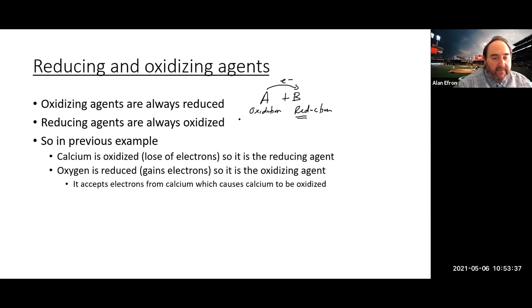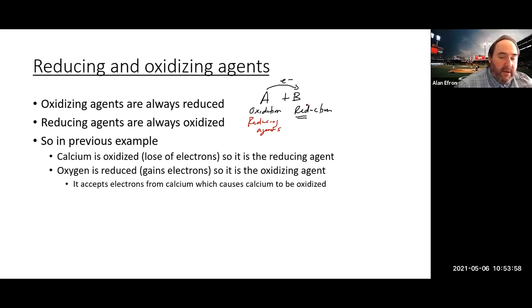So what effectively A is doing in this example is causing the reduction of B, hence why it is known as the reducing agent, because it's basically supplying the electrons that's going to allow B to go through reduction.